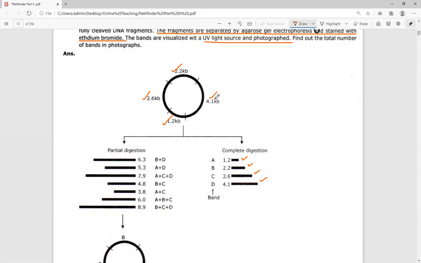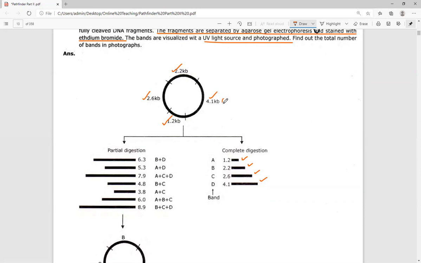Now, what about partial digestion? In the case of partial digestion, sometimes the digestion will take place and sometimes it will not. Which are the different sequences that can be produced in the case of partial digestion?